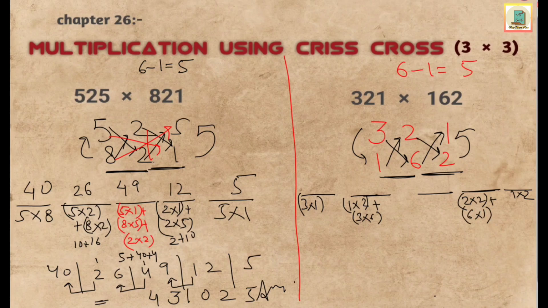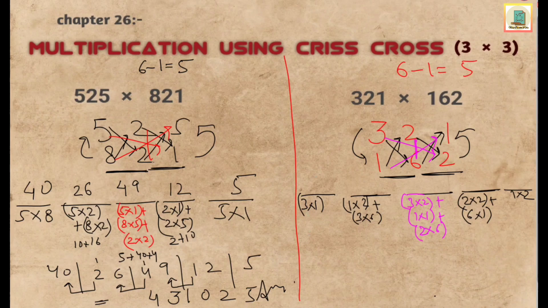Now for the third partition we multiply the extreme numbers, that is 3 multiplied by 2 plus 1 multiplied by 1, plus we will multiply the opposite numbers, that is 2 multiplied by 6.